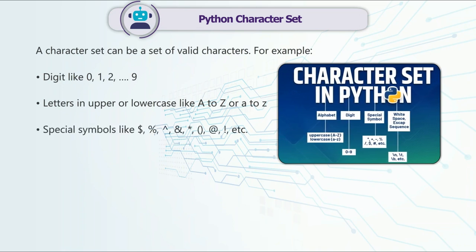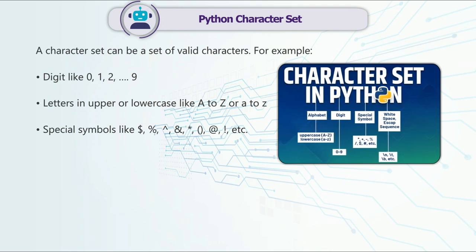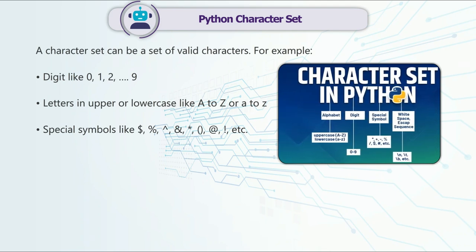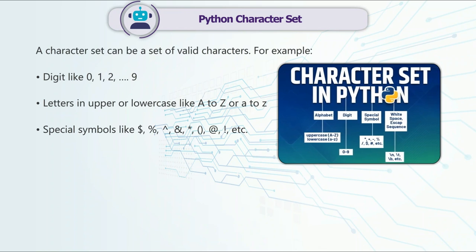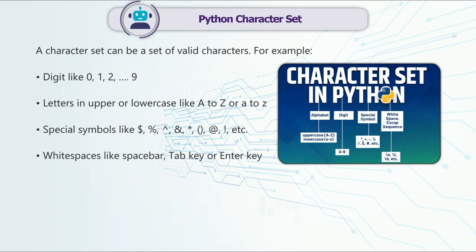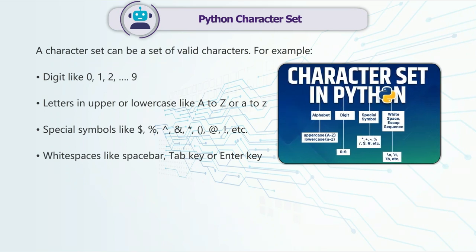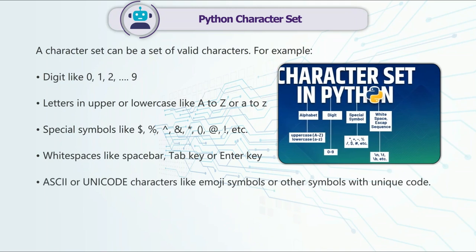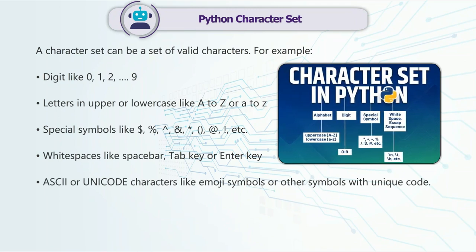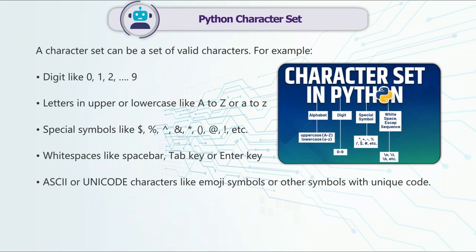Special symbols like dollar sign, percent sign, exponent, asterisk, brackets, @, exclamation mark, etc. White spaces like spacebar, tab key, or enter key. ASCII or Unicode characters like emoji symbols or other symbols with unique code.